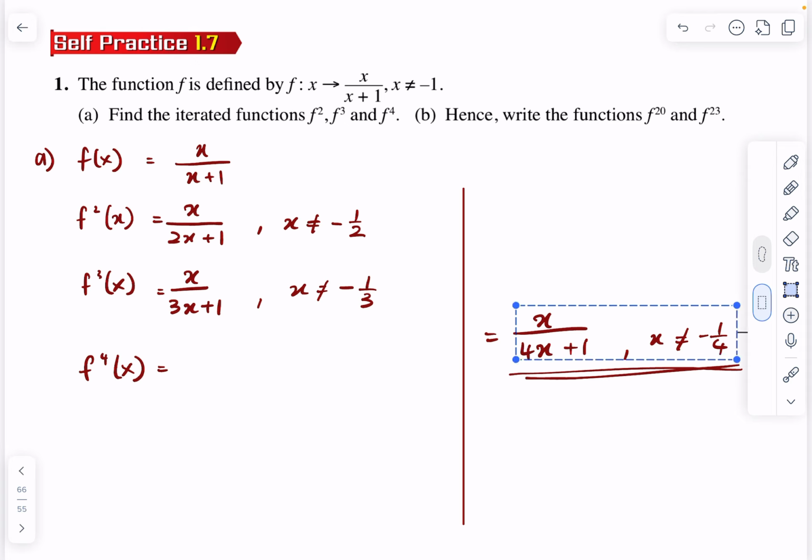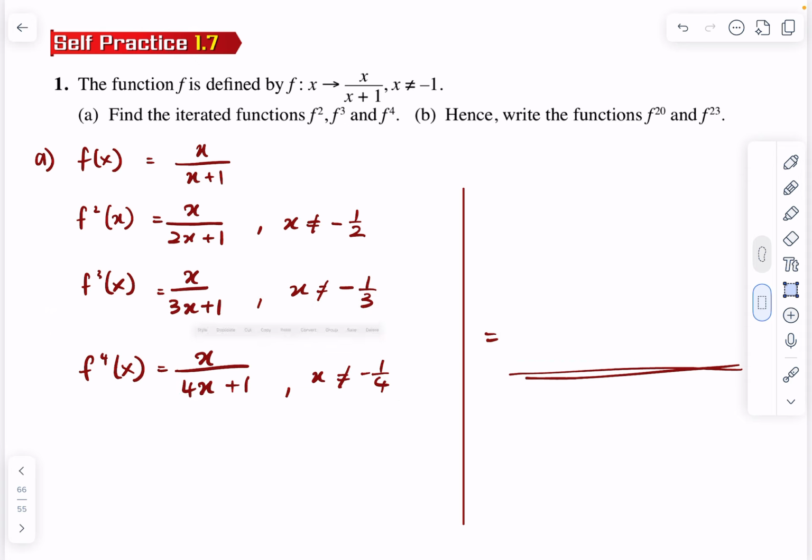Okay, so f(x) also has a condition: x cannot be negative 1.